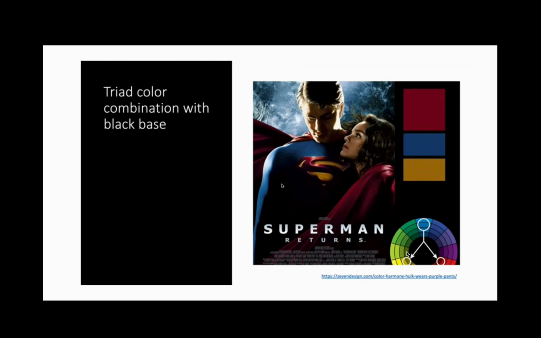So this is the triad color, the red, yellow, and blue. And if you notice again, this is Superman. The colors aren't too overpowering, but they're there. But there's this black background, and so it gives it a darker, more serious feel.